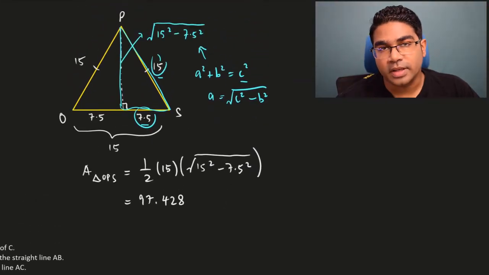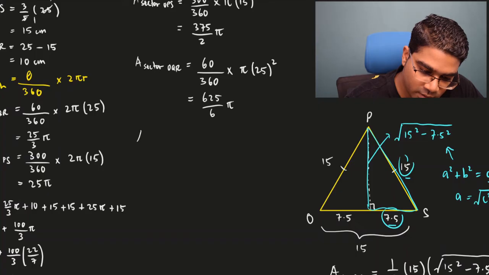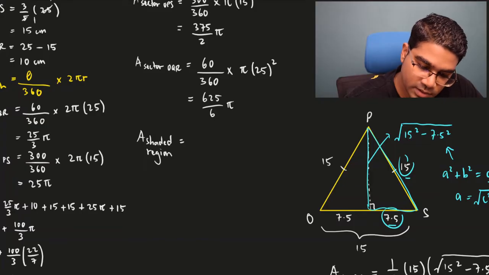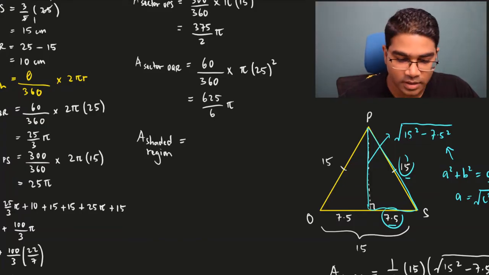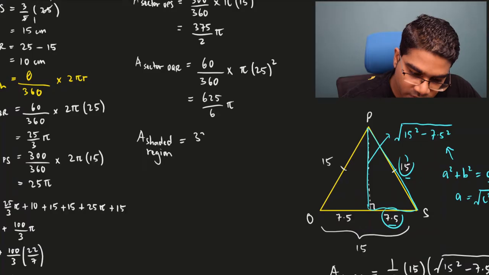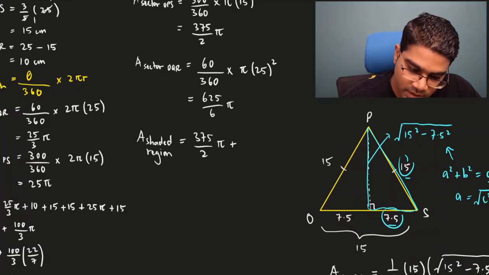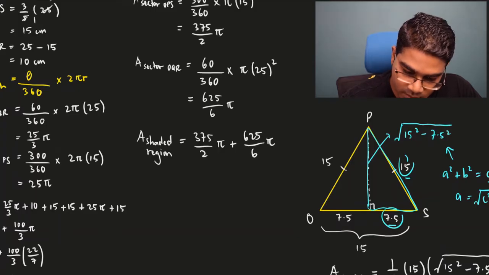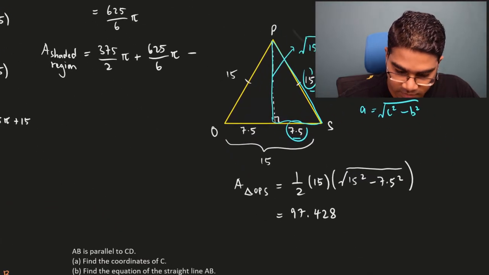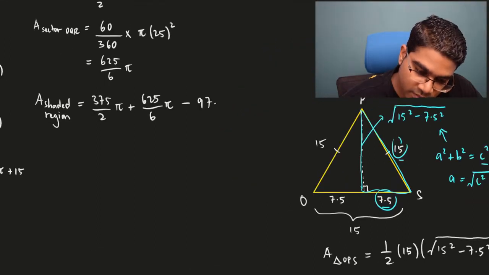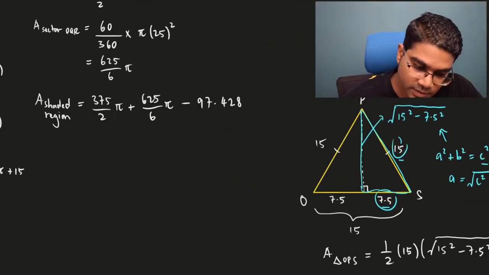Now we are ready to find the area of the shaded region. So the area of the shaded region will simply be, we need to sum up the area of both sectors and subtract the area of the triangle. So this will be 375 over 2 pi plus 625 over 6 pi minus the area of the triangle that we just found, 97.428.